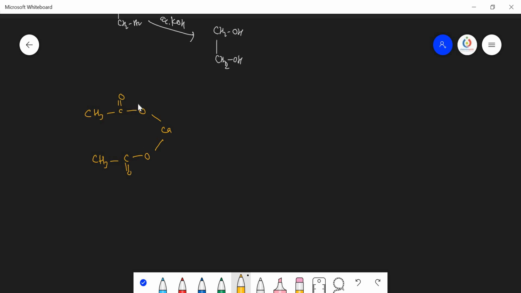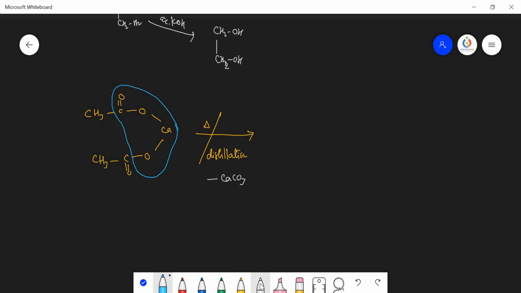So when this calcium acetate is heated, heating means distillation. When you distill it, it always loses calcium carbonate. Calcium carbonate means calcium, one carbon, three oxygens.